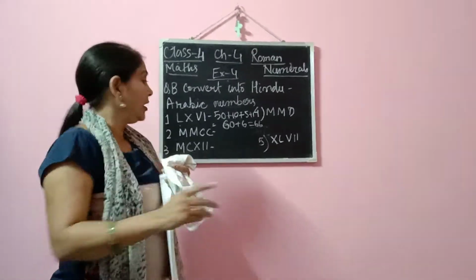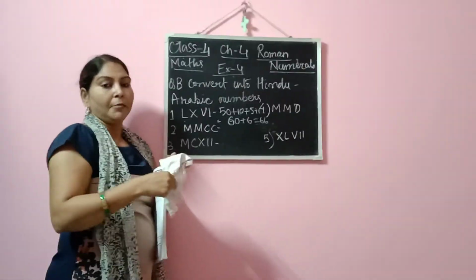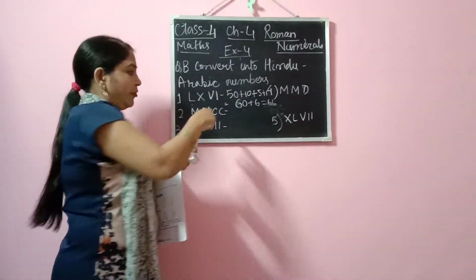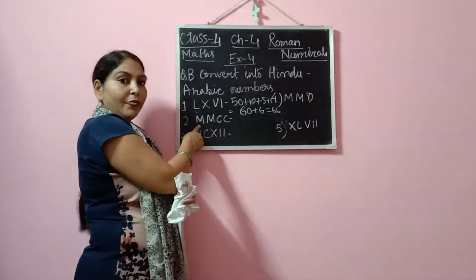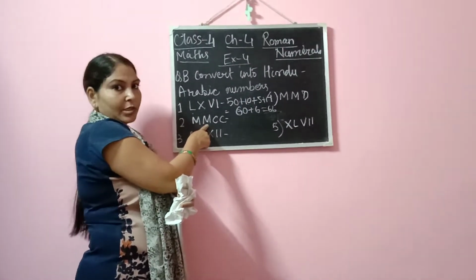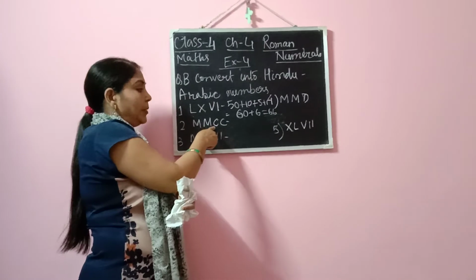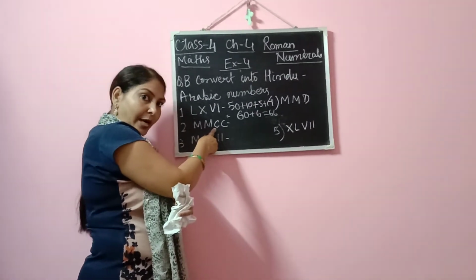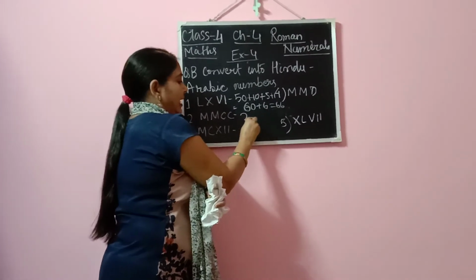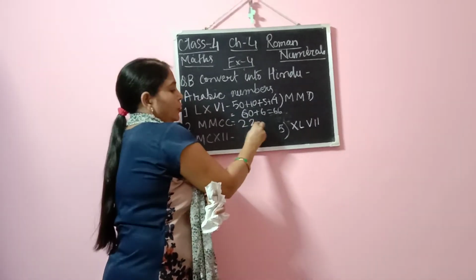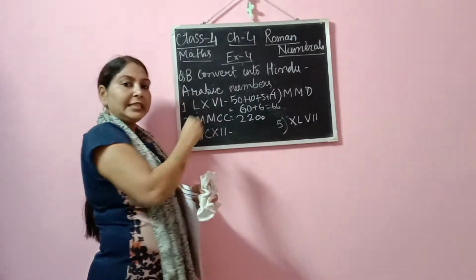You don't have to show this addition, but you have to understand it in this way, and you can write the direct answer. For this one, I will write the direct answer. For example, 1000 plus 1000 is 2000, plus 100 is 2100, plus 100 is 2200. So the answer is 2200.